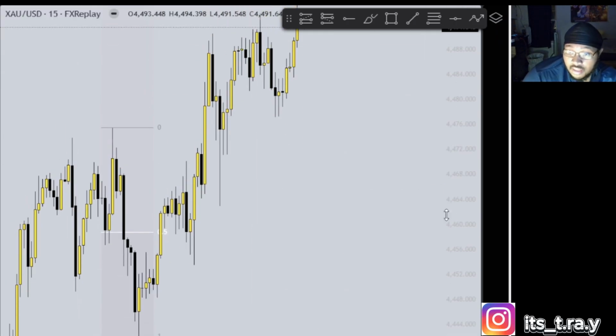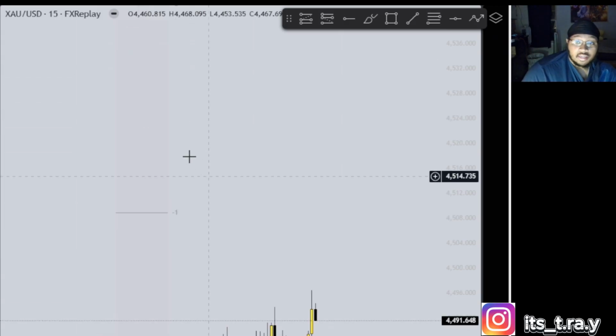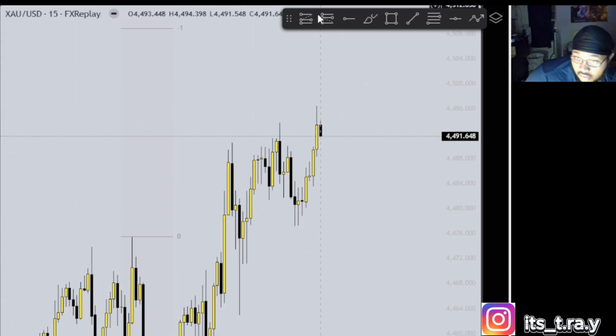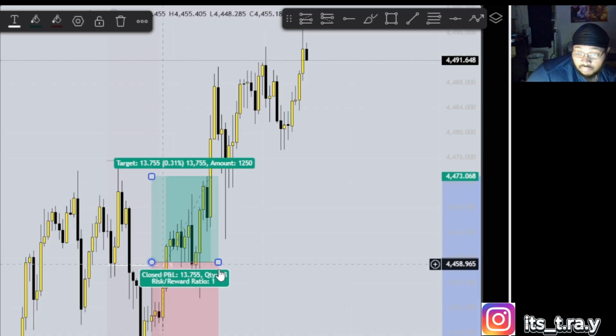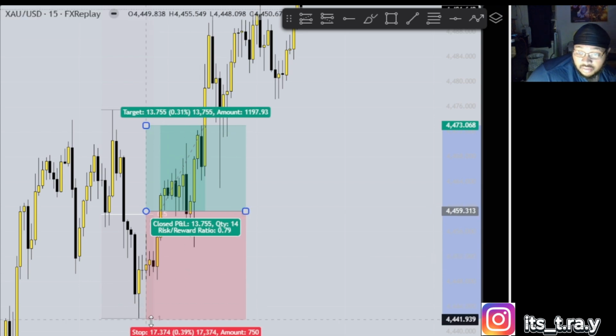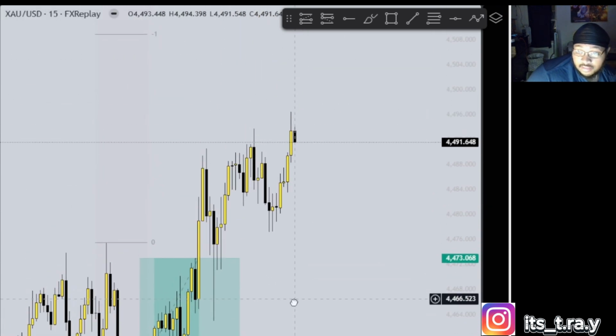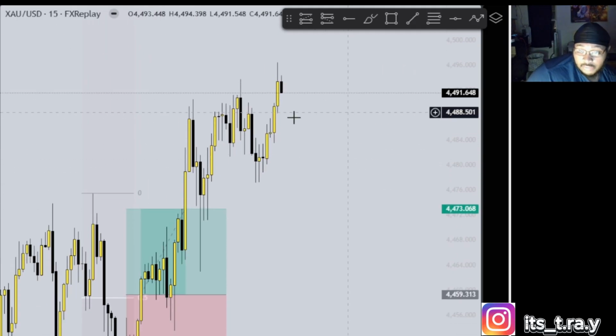And then this would give me potential areas where price could go for me to target whenever I'm doing take profit. So say for instance, I entered in right there, I'll put my stop loss right here. And this is whenever the -1 and the -2 and stuff come into play.